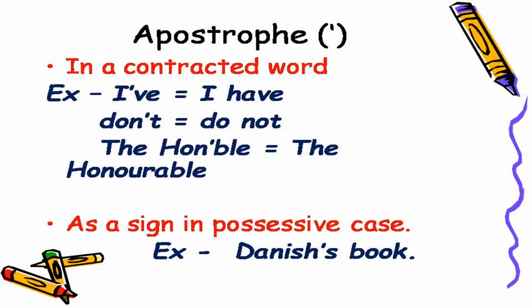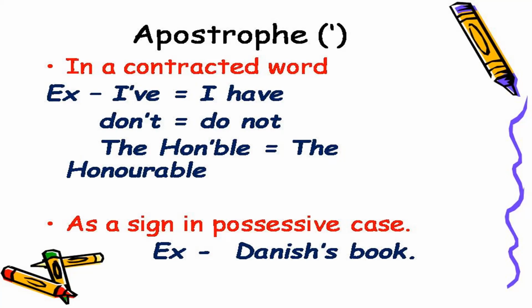So we also use a lot many. We use we've, I've, they've, I'll, they'll, she'll. We use a lot of contractions in English, and therefore when we write the short form, we put an apostrophe, and we know how apostrophe is written.